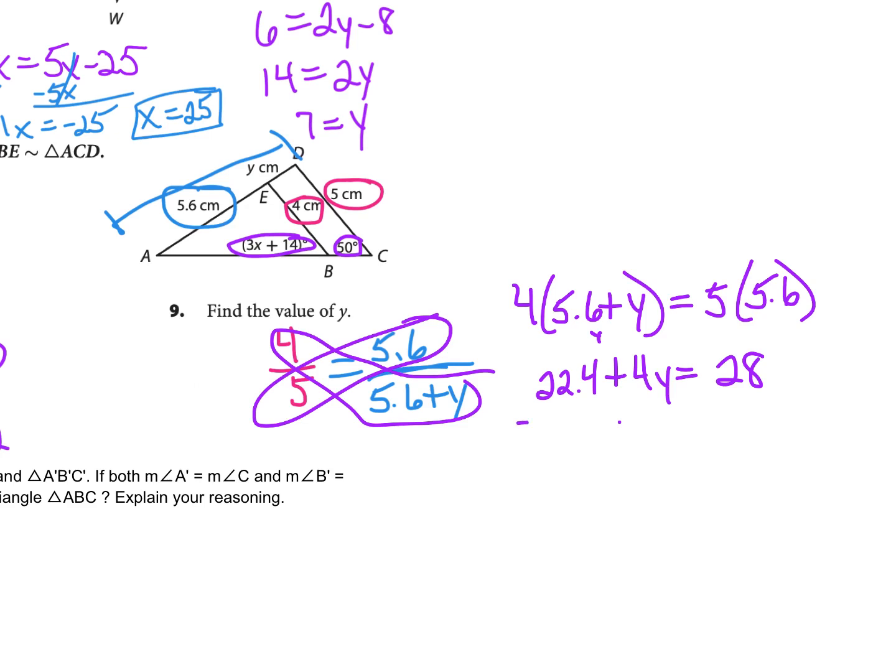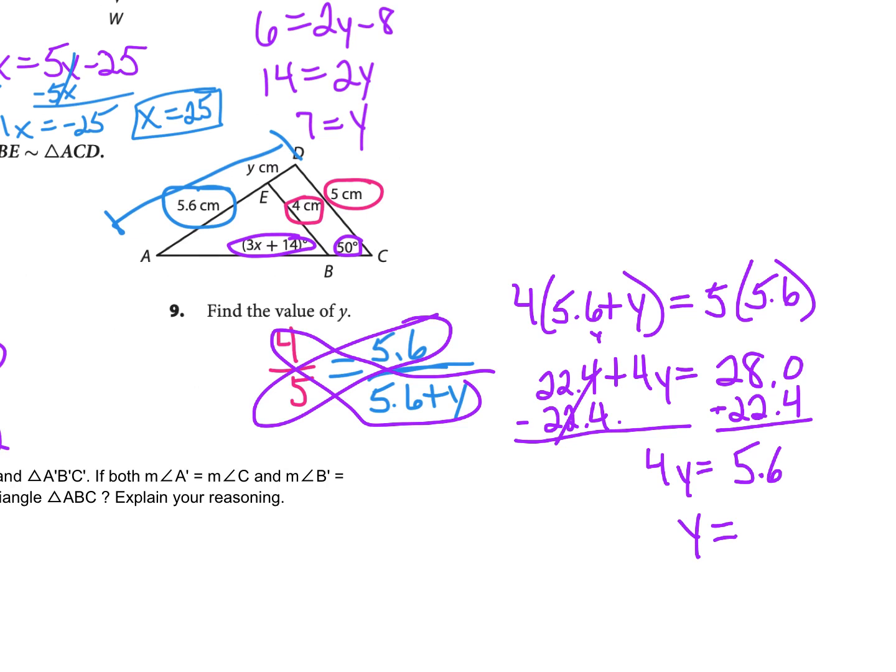Subtract 22.4 from both sides. And I get 4y equals 5.6. So y equals whatever that is, 1.4. Okay.